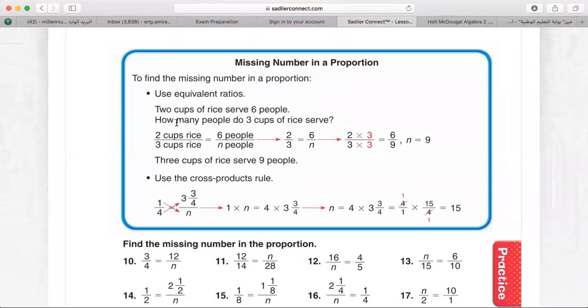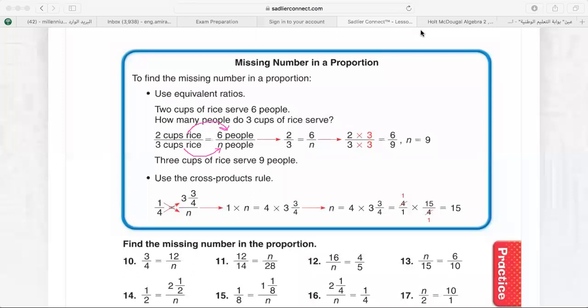This is required to know, so I will give it the letter N.